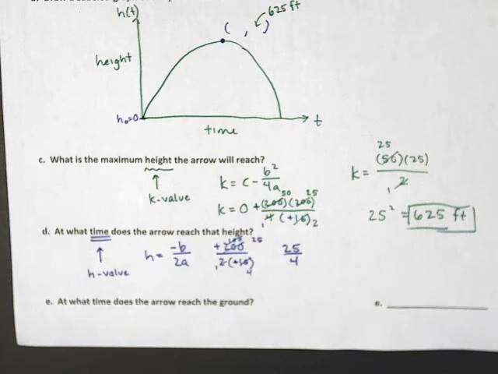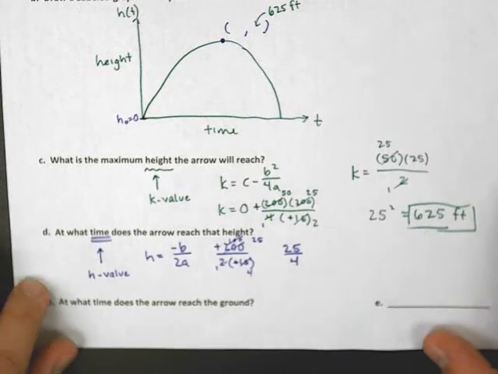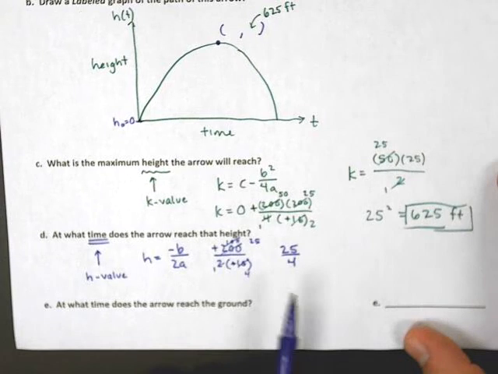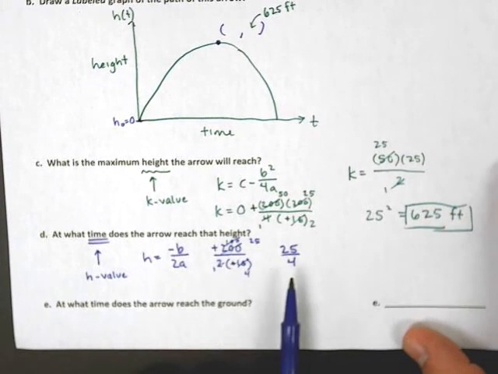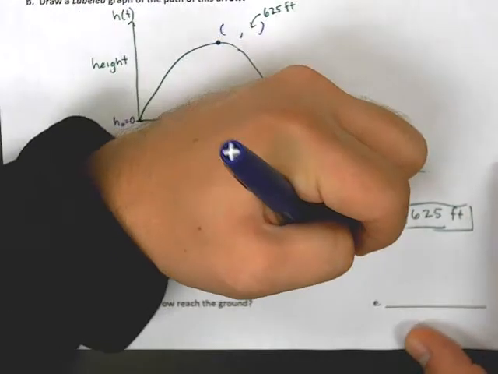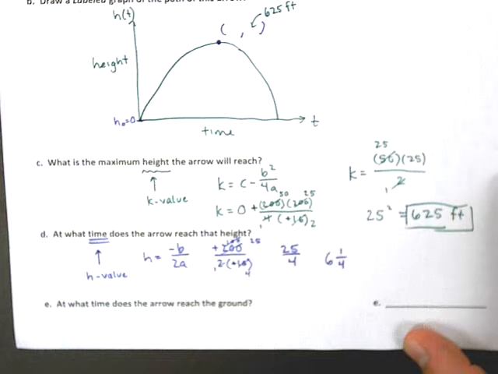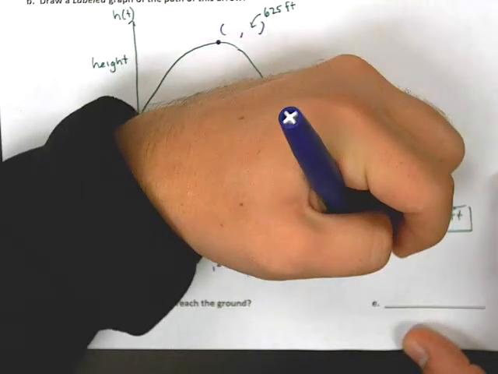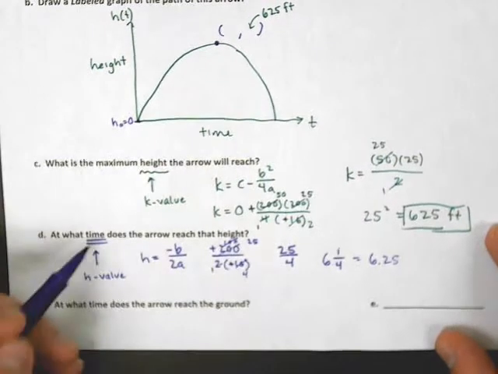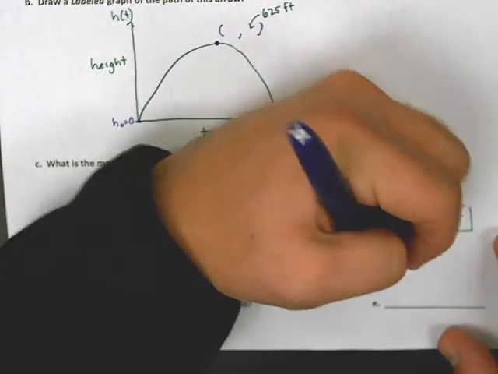I would want to simplify that fraction and turn it into something we can use a little more than an improper fraction. 4 goes into 25 6 times, and then there's 1 left over. So I can say 6 1/4. I can also say 6.25, however you want to represent that. But again, this is time, so this should be in seconds.